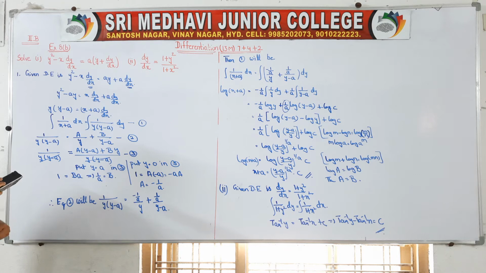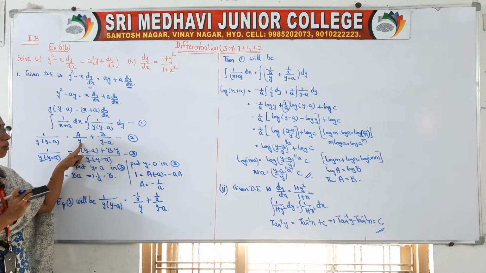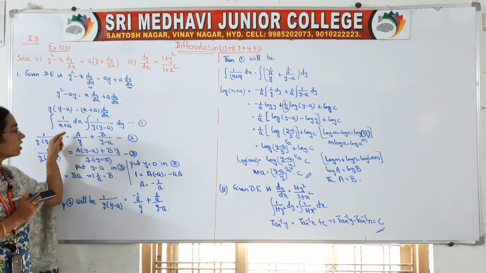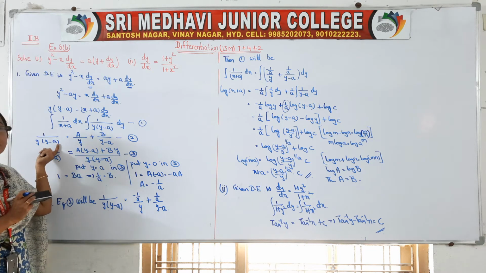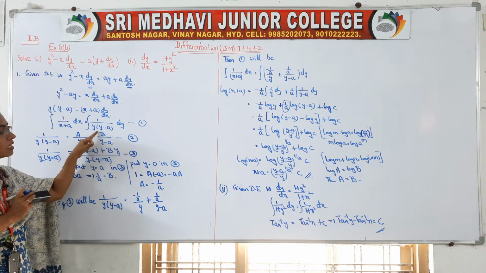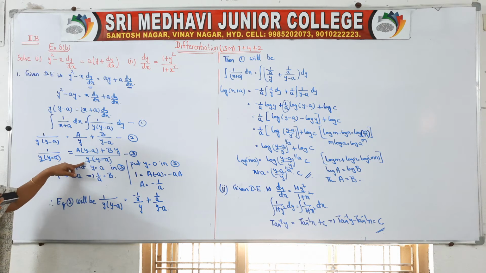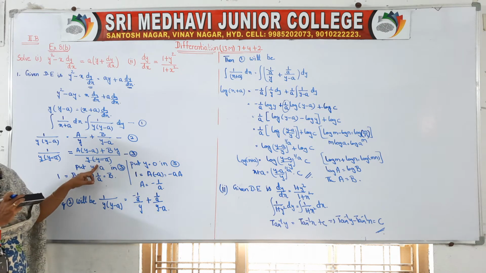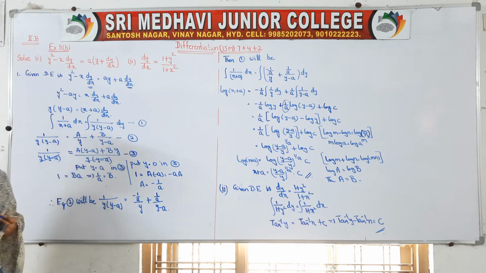For each linear factor, we have to take one partial fraction. How do we take the partial fraction? One constant by that variable. For the other linear factor, some constant by that linear factor. Now solve it, both will get cancelled, and try to get your a and b values.